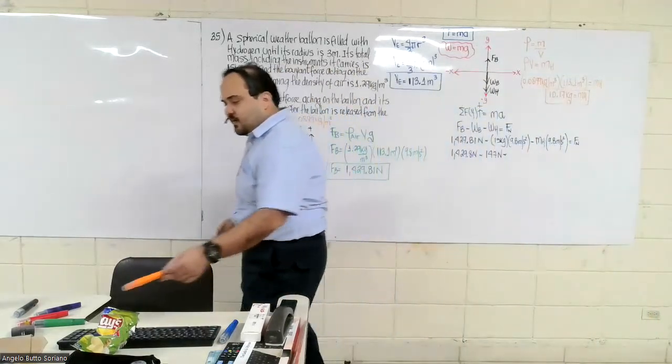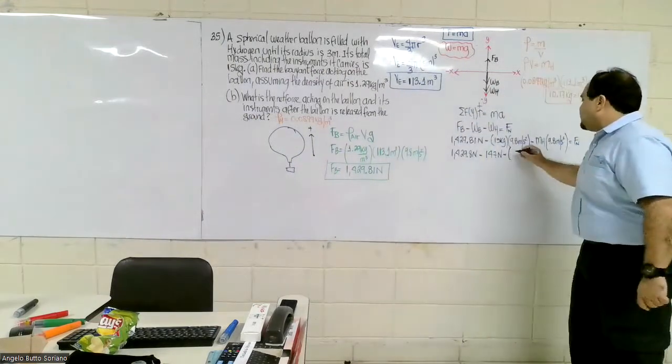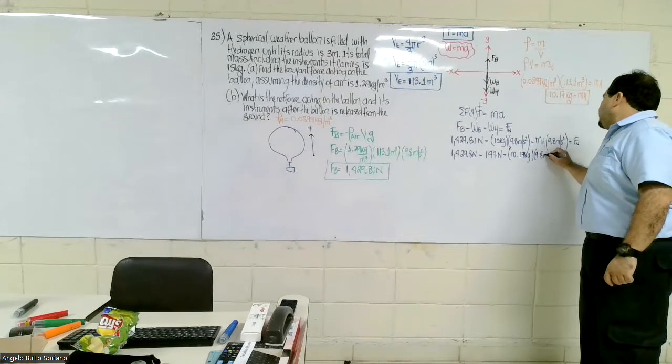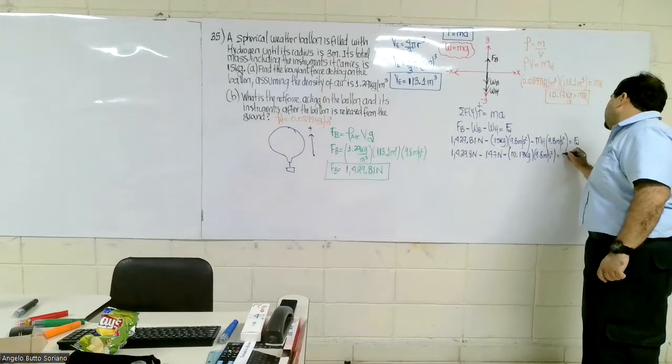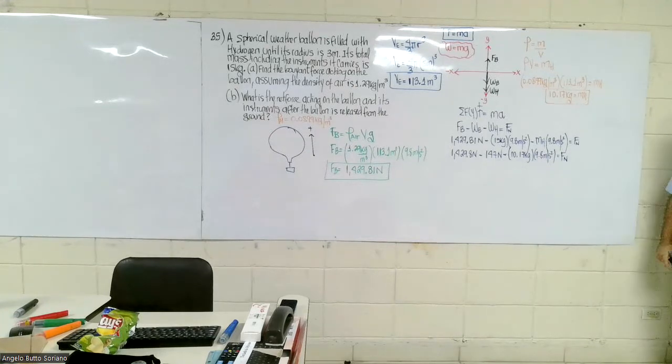Let's simplify that equation. Parentheses, 10.17 kilograms multiplied by 9.8 meters per second squared. And this is going to be the net force. Please perform this entire operation. 1,429.8 newtons minus 147, or if you wish, you can simplify that one and at the end subtract all the terms.